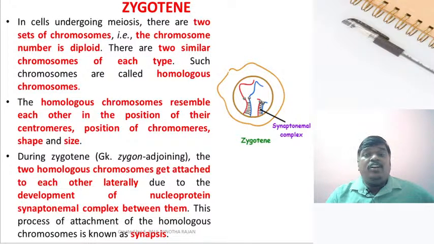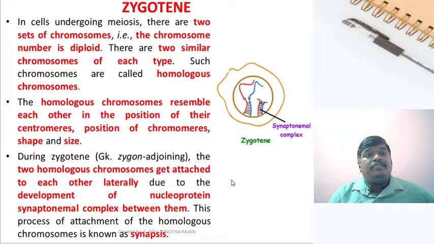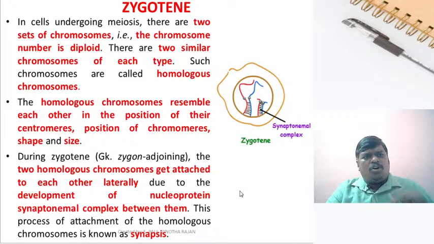Next is zygotene. Now see the chromosomes here. There are 2 different colors. The 2 sets of chromosomes, this is one set, the other is the other set, the number is diploid. These chromosomes are called homologous chromosomes. If a similar type is there, it's called homologous chromosomes.